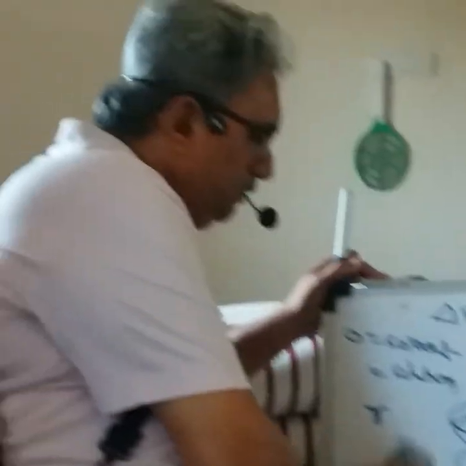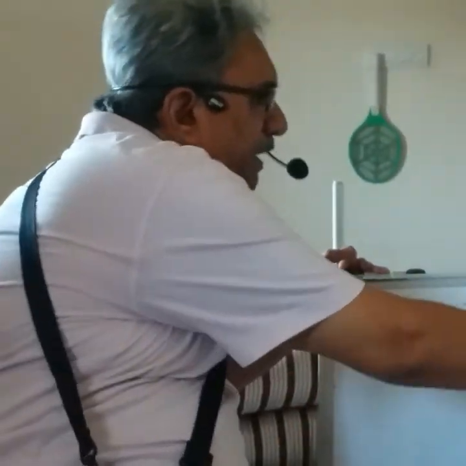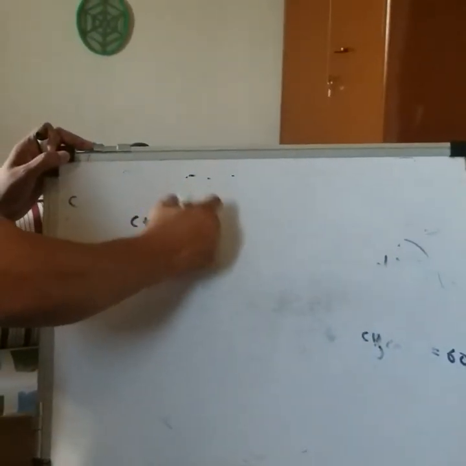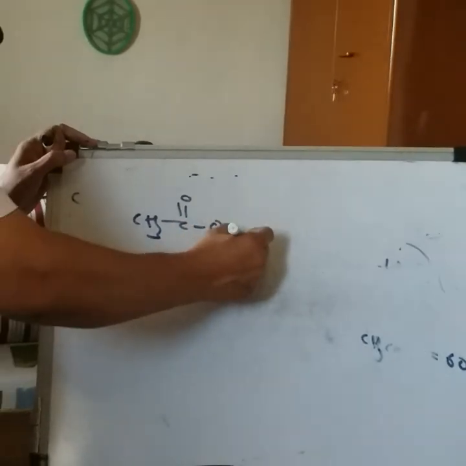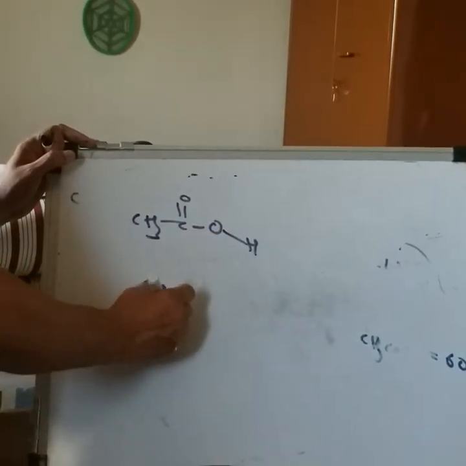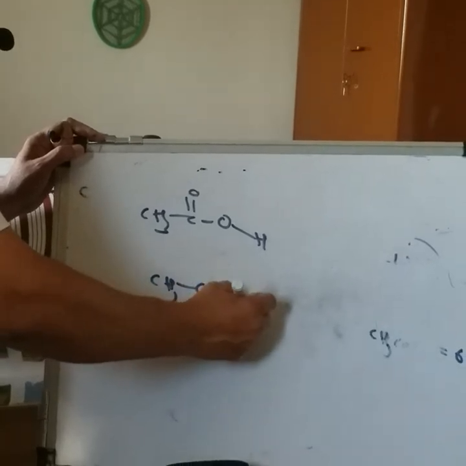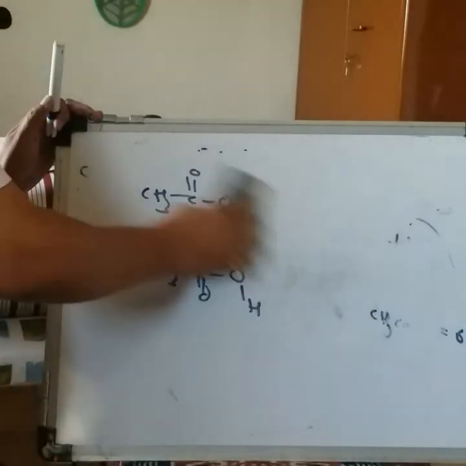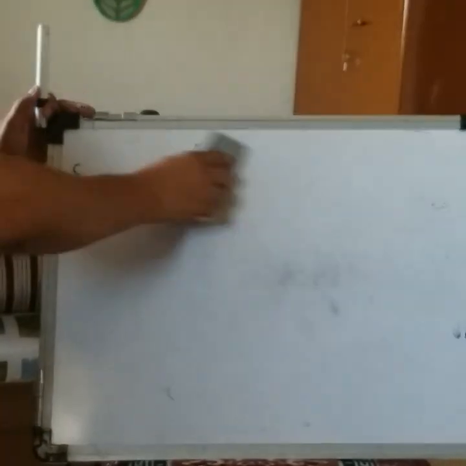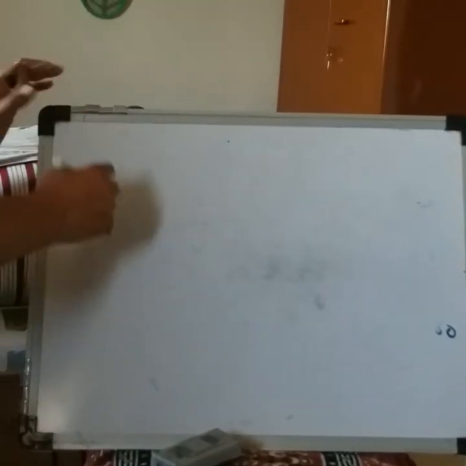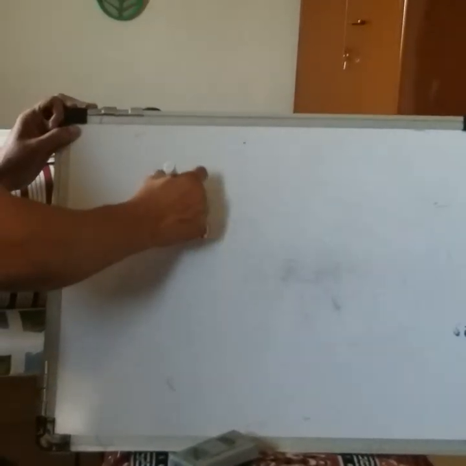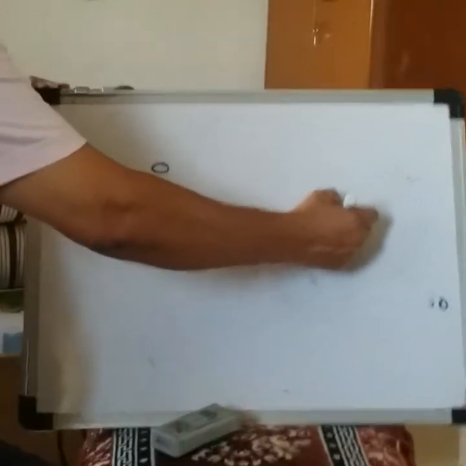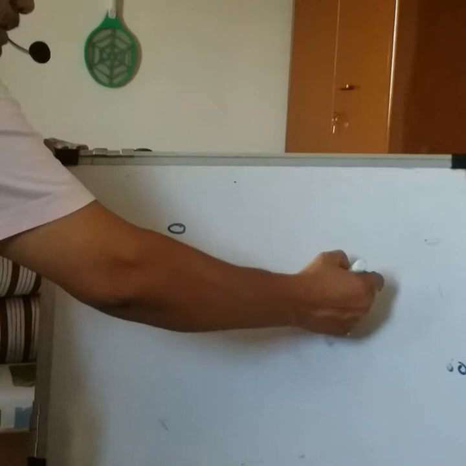As a result, association takes place and the number of particles decreases. Because of association, the particles decrease, and colligative properties will be affected by this.